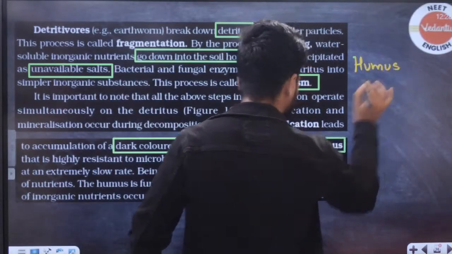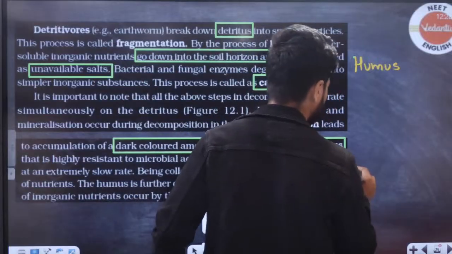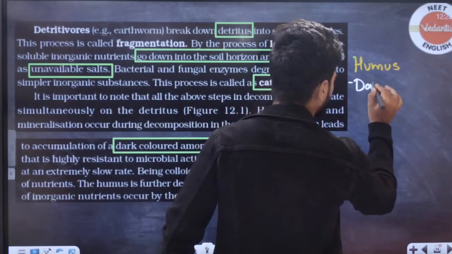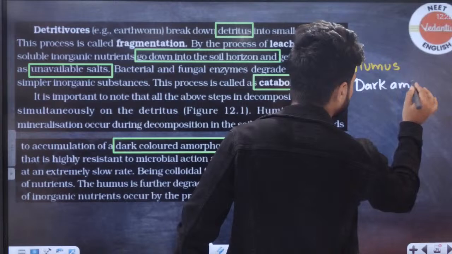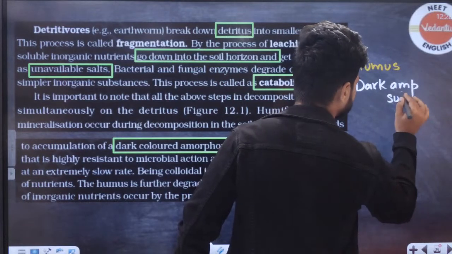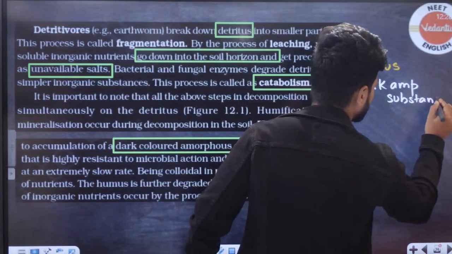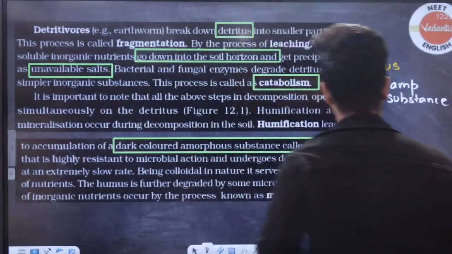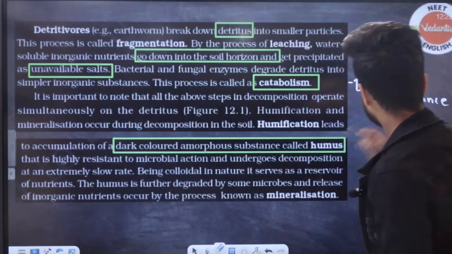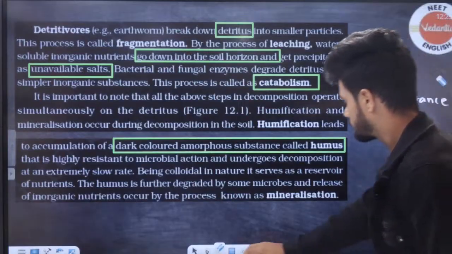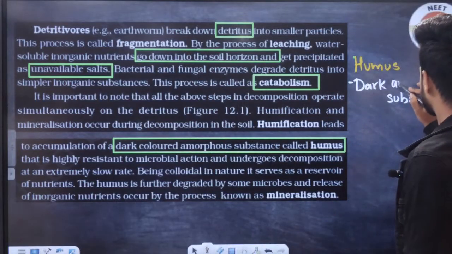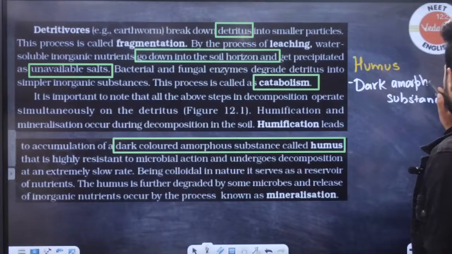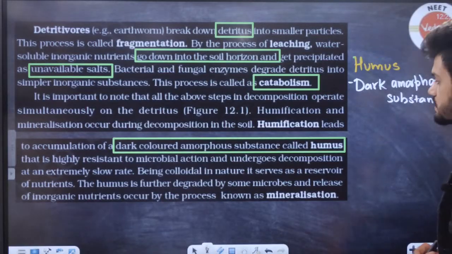Now, what are the properties here, students? It is a dark amorphous substance.